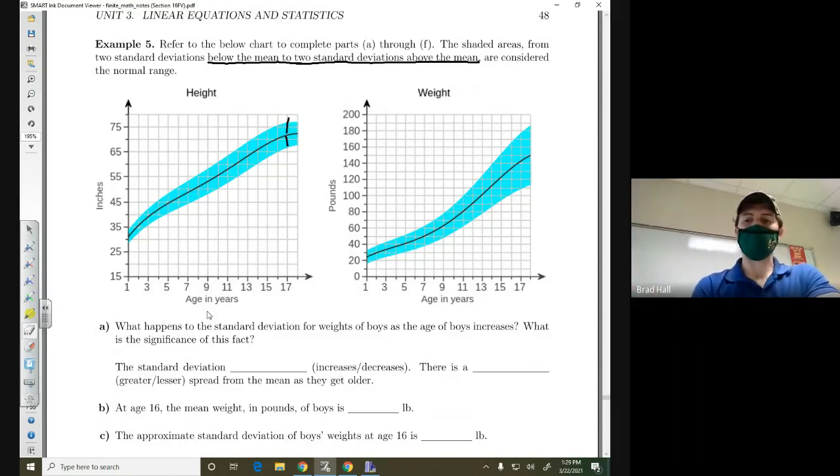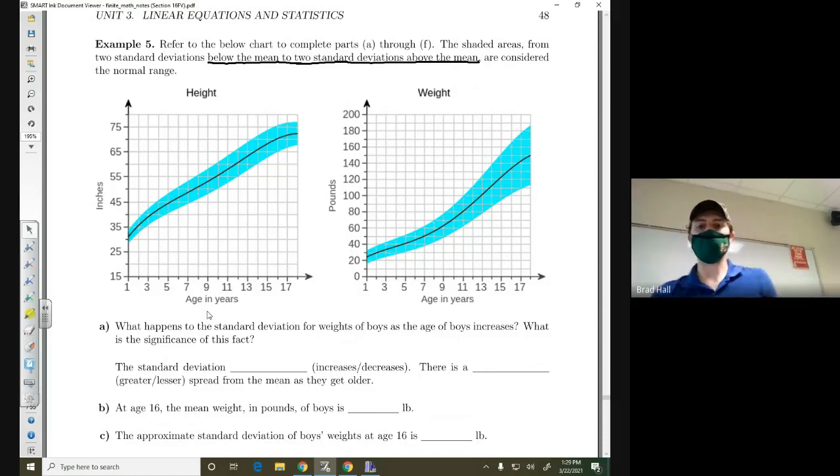That's what the blue shaded region is. It's 2 standard deviations from the mean. And these would be considered the normal range of values. And so let's interpret that with these upcoming examples here.